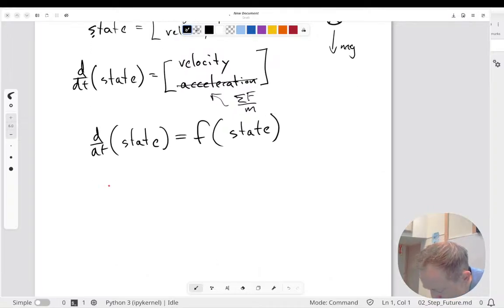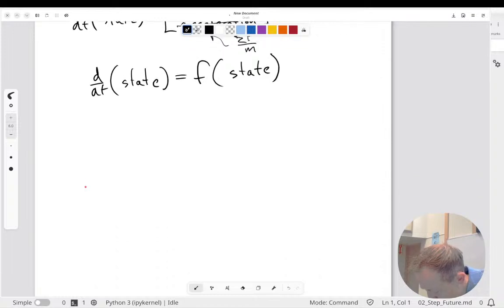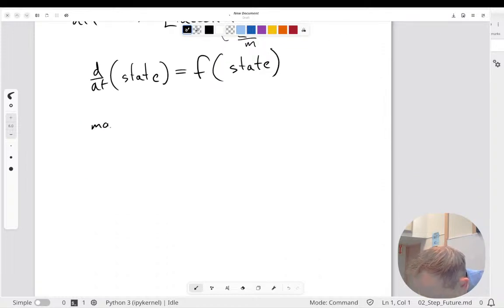All right, so what that looks like: ma equals negative, let's call it C times v squared.